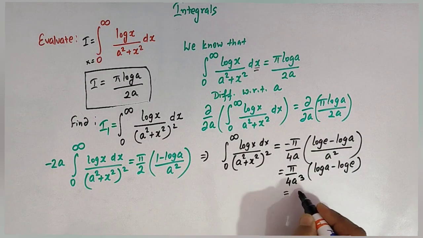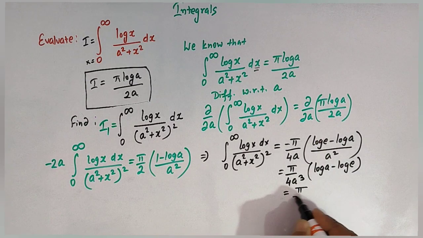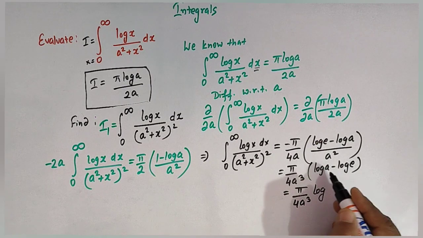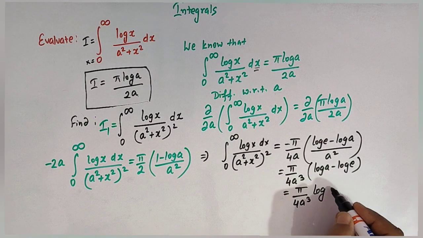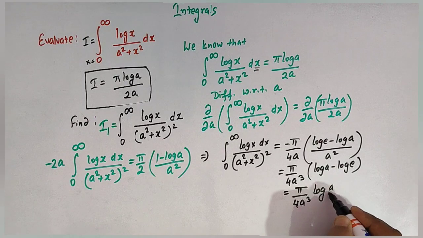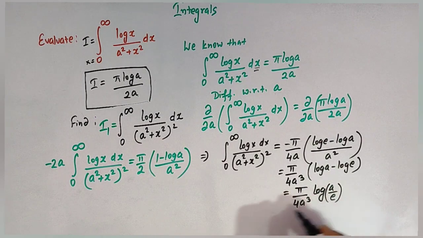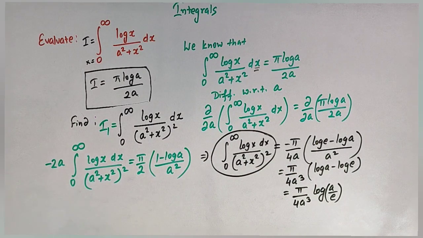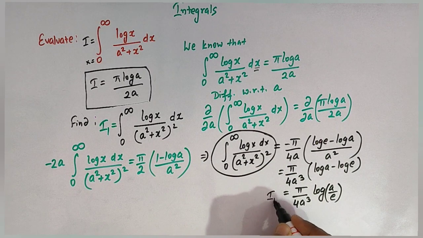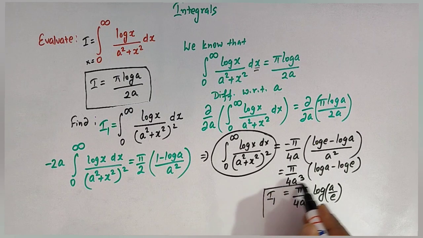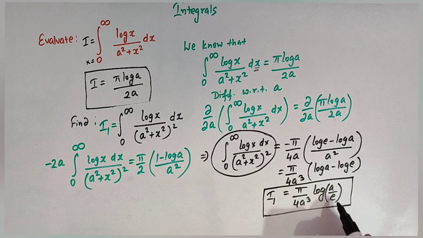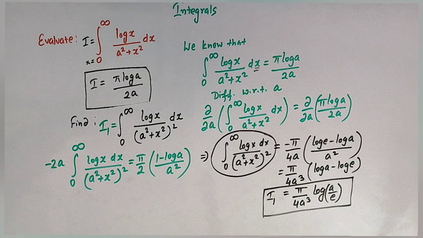And by using the properties of logarithms we can write log of a over e, right? And this integral was I1. So the value of I1 is given by pi over 4a cube log of a over e, right?